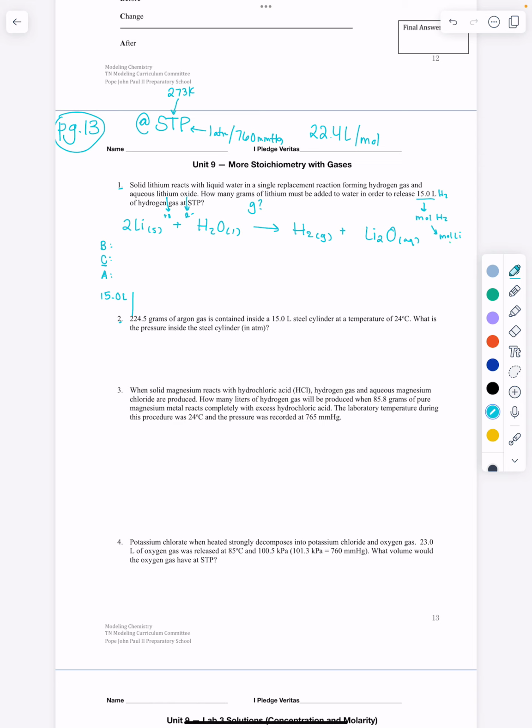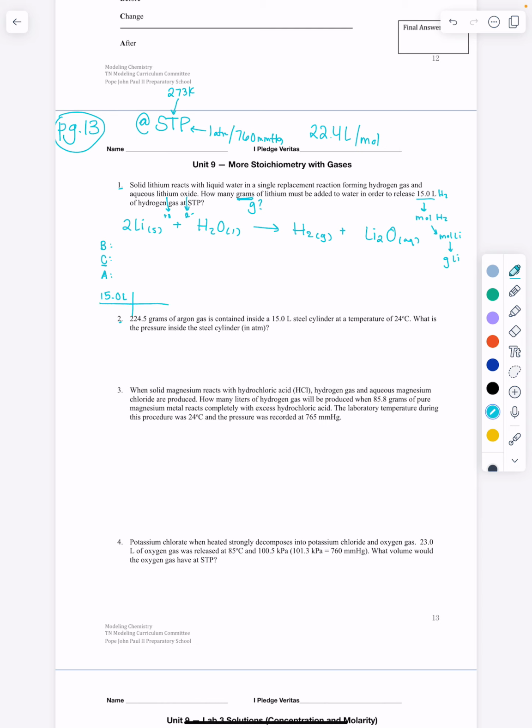And then once we find moles of lithium, it asks for grams. So then we just have to convert moles of lithium to grams of lithium. So in order to do our first step, which is just converting liters of H2 to moles of H2, we use our 22.4 liters per mole.